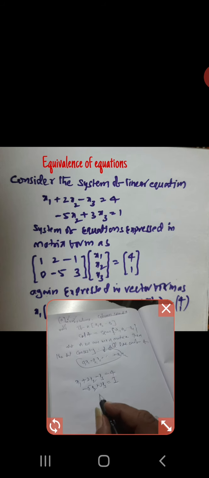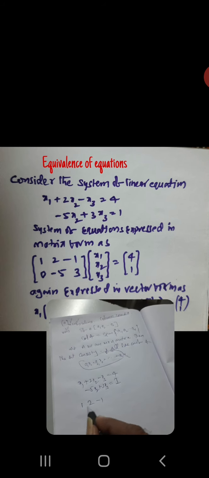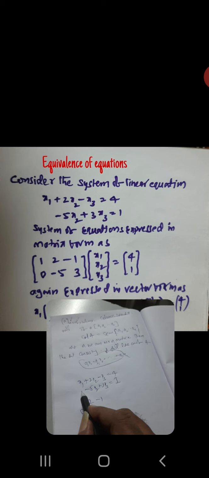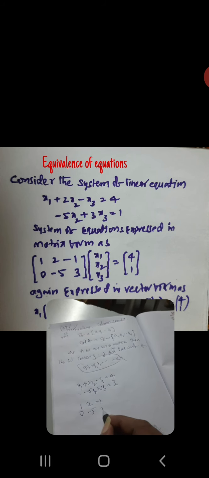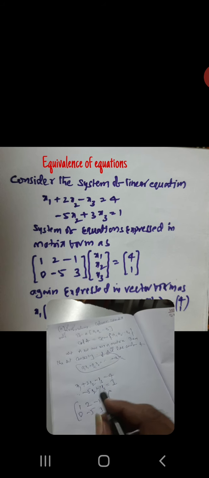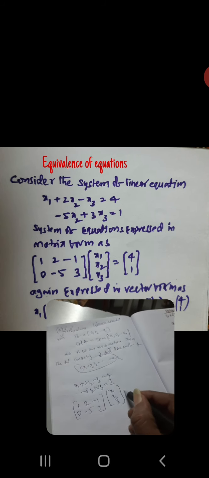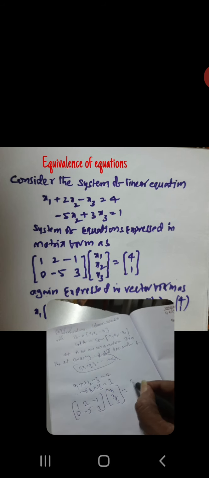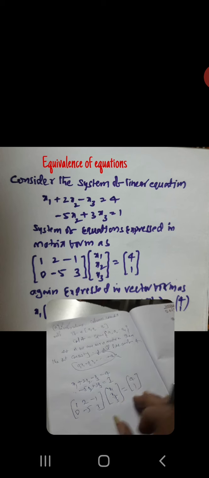What is the matrix form of this? You write 1, 2, minus 1, then 0, because the x1 term is not there, then minus 5, 3. This is our matrix. The variables are x1, x2, x3, and on the right you write 4, 1. This is the matrix notation.